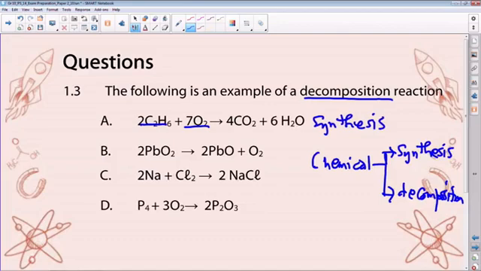And then this one, the one of lead(IV) oxide breaking down into lead oxide, is an example of decomposition, which has to do with breaking down. So for that reason, this is a typical decomposition chemical change or chemical reaction, right?